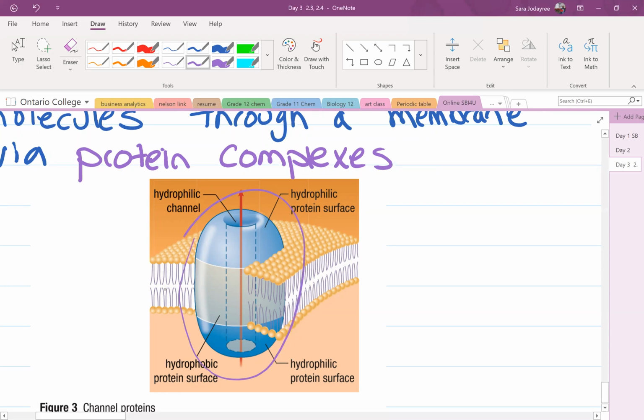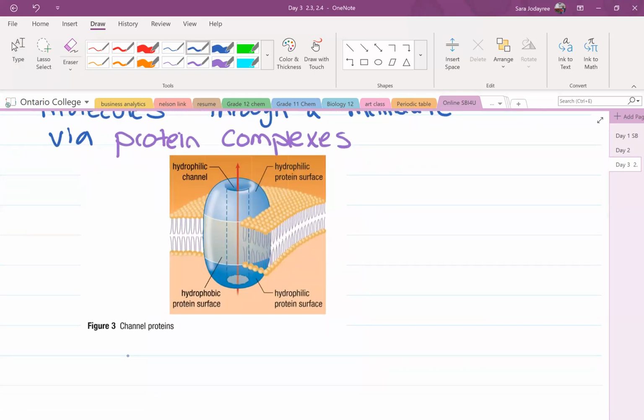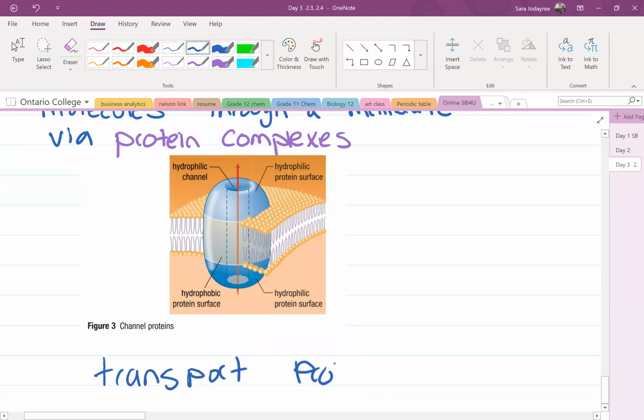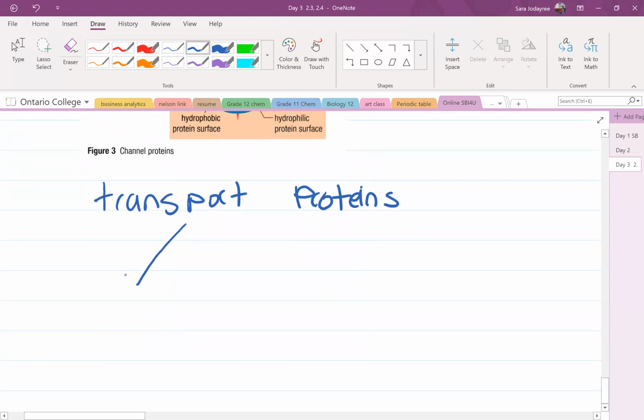Facilitated diffusion is carried out with integral membrane proteins called transport proteins. Again, is this one here. And they extend throughout the membrane. There are two types of transport protein. One is channel protein, and another one is carrier protein.